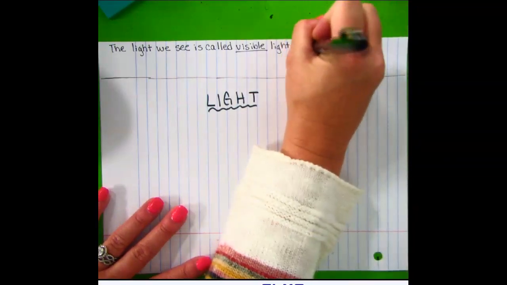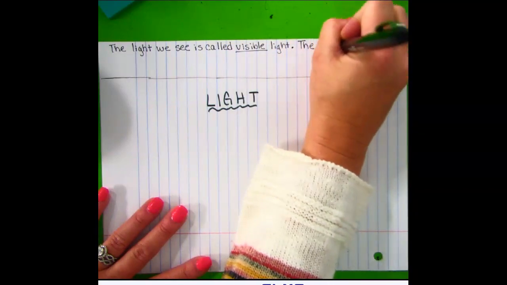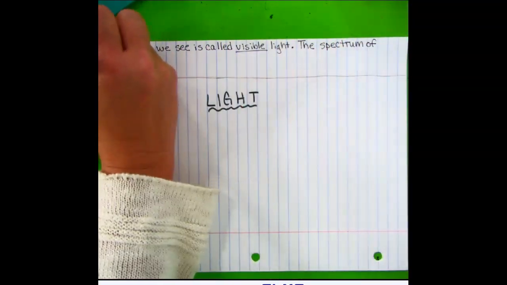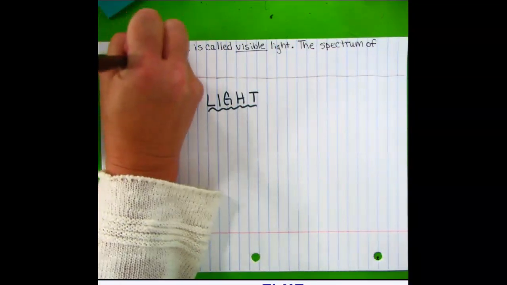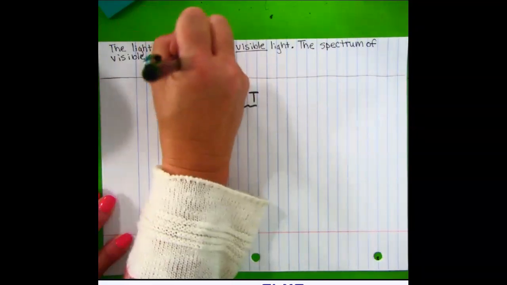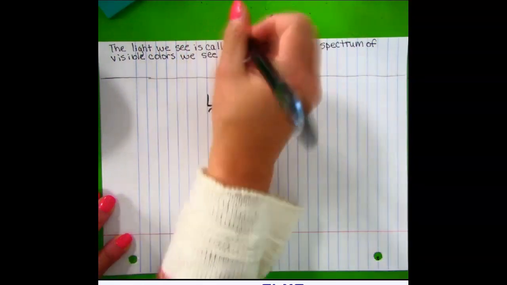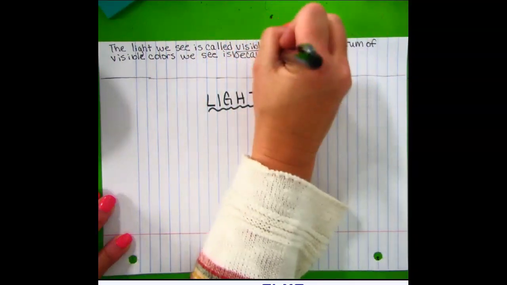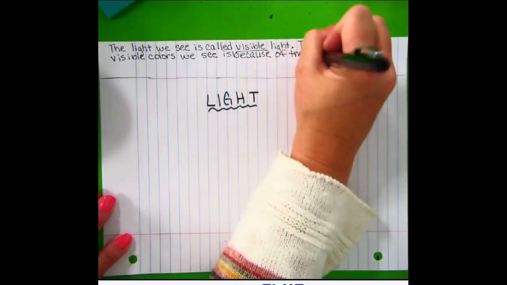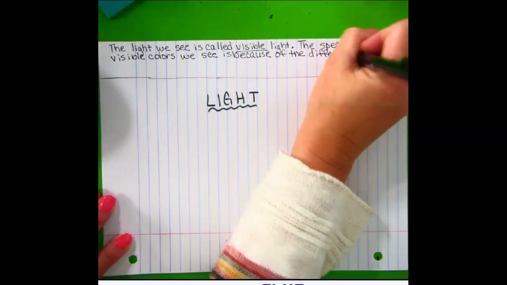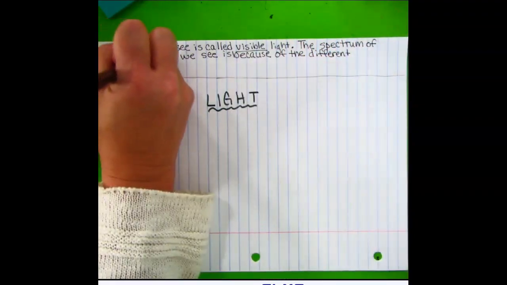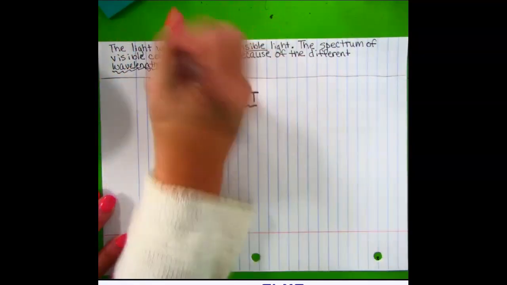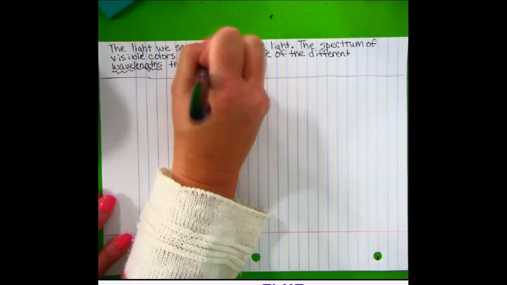So, the spectrum of visible colors we see is because of the different wavelengths that light rays have.